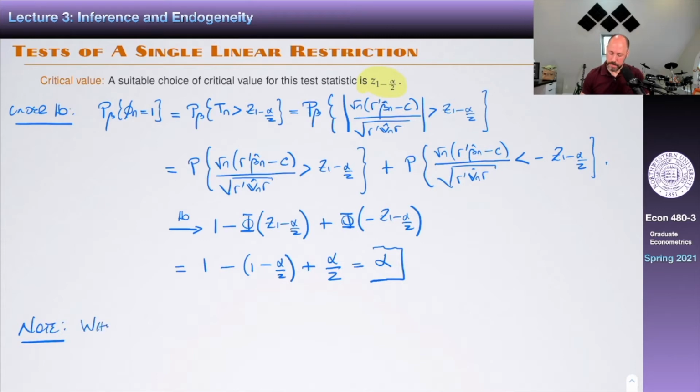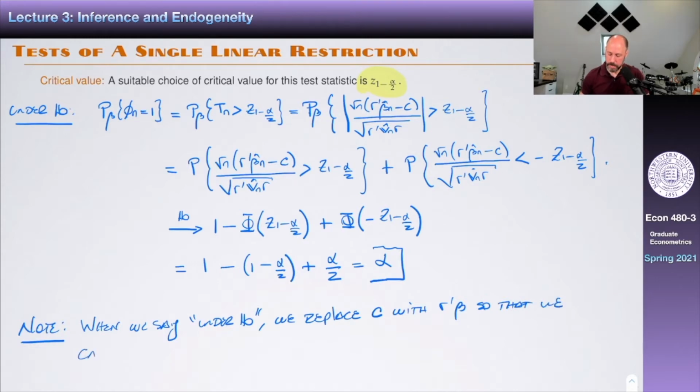When we say under H naught, we'll replace T with R prime beta so that we can apply our asymptotic normality result, essentially here and here.